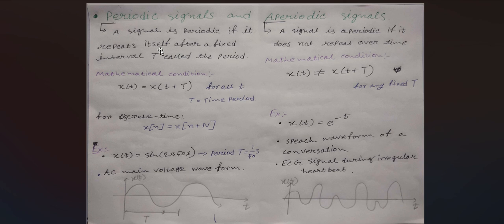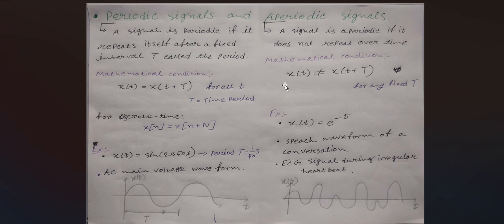If a signal repeats itself after a fixed interval T, it is called a periodic signal. Mathematical condition: x(t) = x(t + T), where T is the time period. For discrete, it's represented like this. Examples: AC mains voltage waveform, or a sine graph with period. Aperiodic signals: a signal is aperiodic if it does not repeat over time.